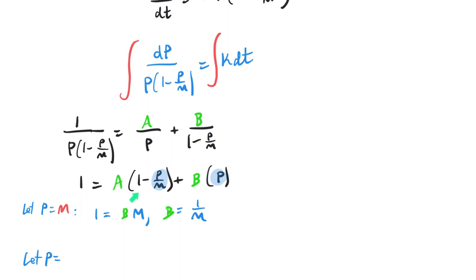All right, now let's force this term to cancel out, and that will happen when P is 0. Let's let P equal 0. And when P is 0, we have 1A plus 0, or just 1A, is equal to 1.